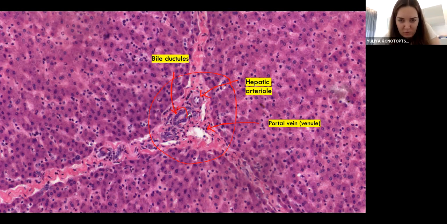Once you identify the bile ductule, for me personally, the next easiest are the arterioles or arteries, because they have a circular shape and the wall is thick, with additional layers present. And then the last one, whatever is left, has to be a venule. So the portal circulation has to be a venule, with a very collapsed looking lumen and a very thin wall, just endothelial cells, which we can see here.